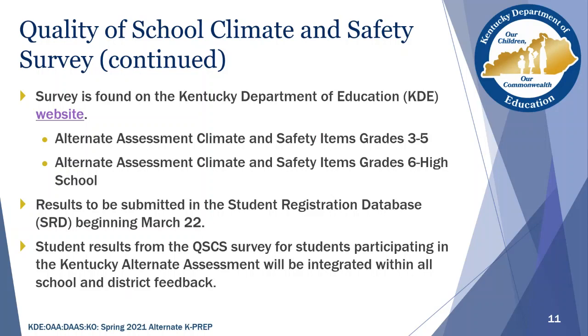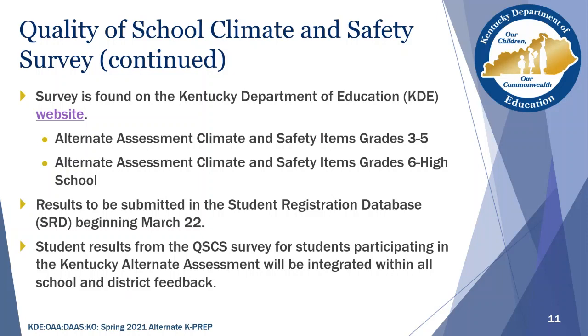Once the survey is administered, then you can follow the order maintained in the binder. When you open up that binder, the first thing you'll see are the directions. Right behind those directions is going to be the survey. Following the survey will then be the content areas that will be tested.